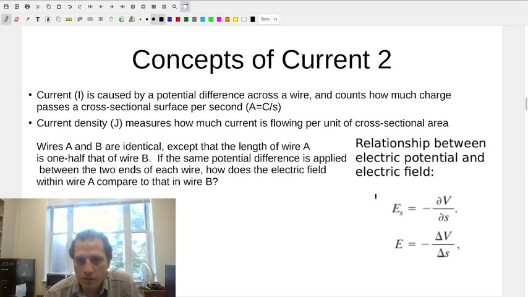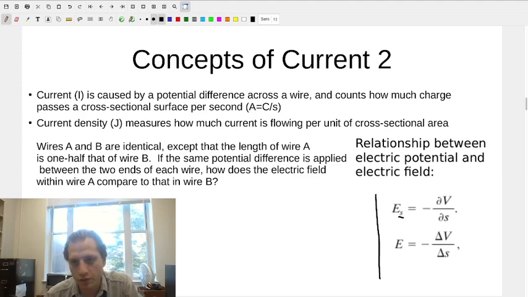So remember, the relationship between electric potential and electric field is this. If you want to find the electric field in a particular direction S, what you'd need to do is define how is the potential changing in that direction per unit distance.